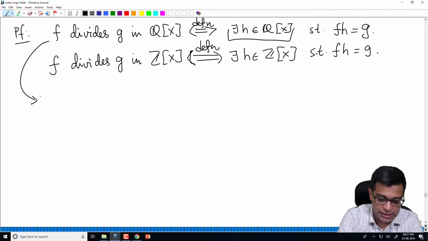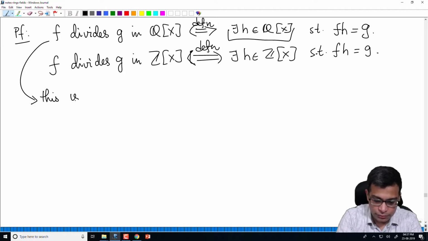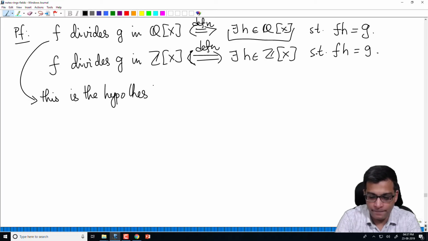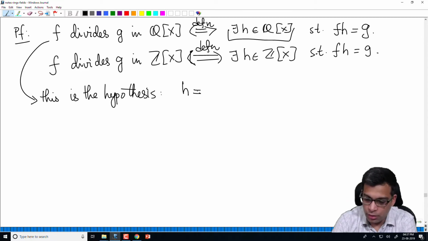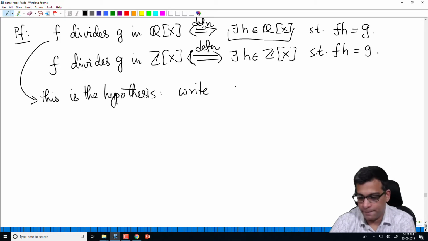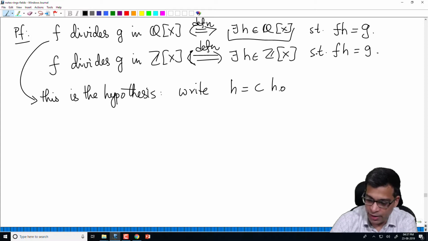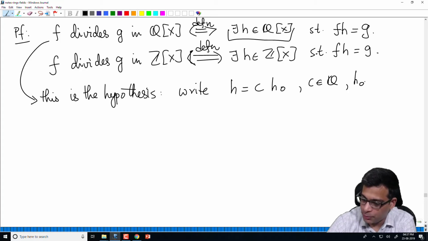So we know that this is a hypothesis. We are given that f divides g in Qx. So we know that there is a rational polynomial h such that fh is g. Now using the previous proposition, we write h as c times h0, where c is in Q, which is the content of h, and h0 is primitive.